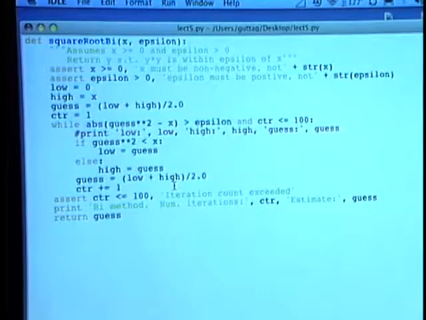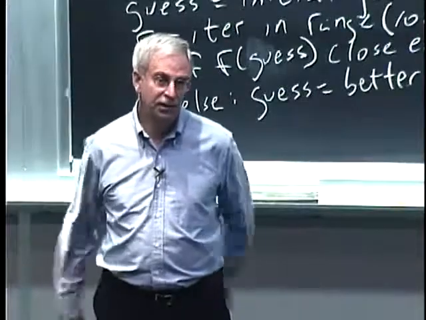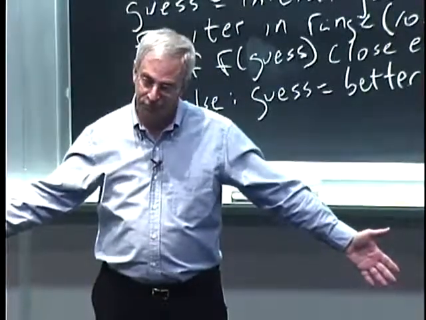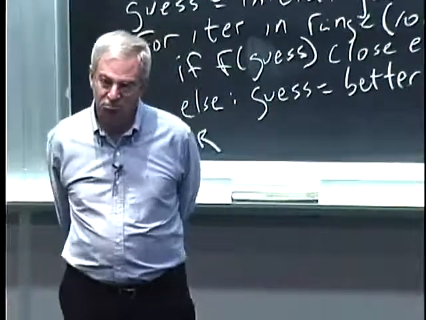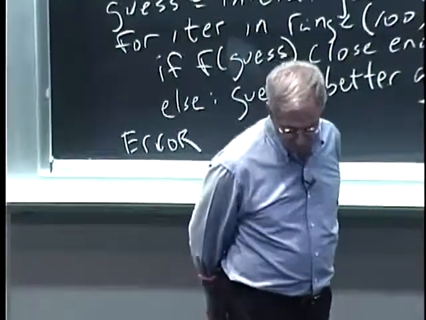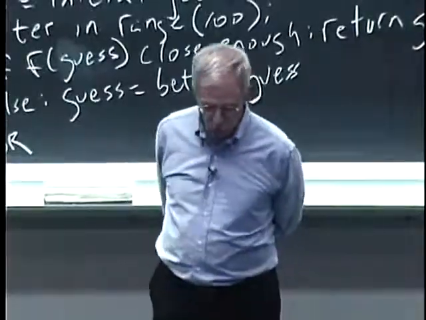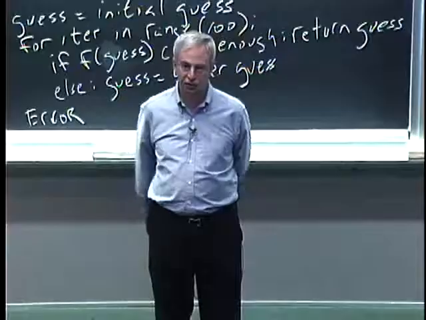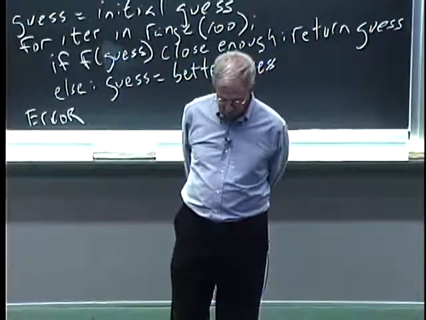Why do we need to assume that epsilon is greater than 0? Well, if we made epsilon 0 and then say we're looking for the square root of 2, we know we'll never get an answer. So we want it to be positive. And then it returns y such that y times y is within epsilon of x. It's near, to use the terminology we used before.